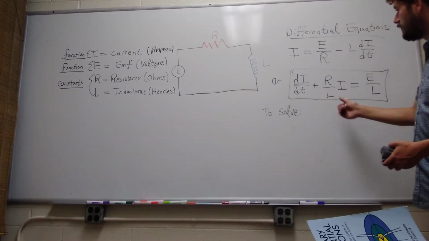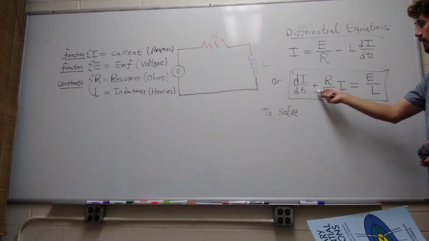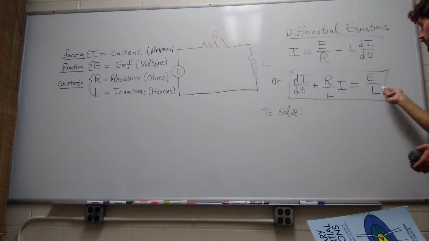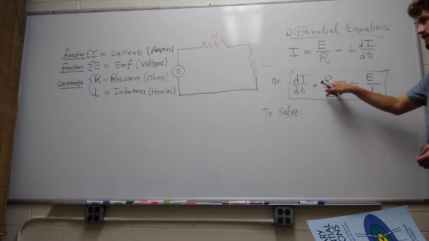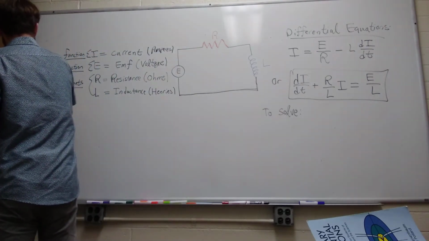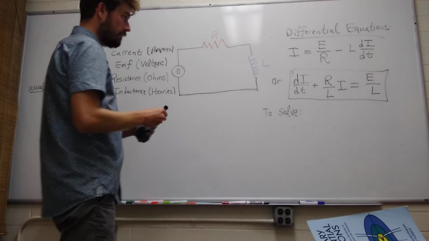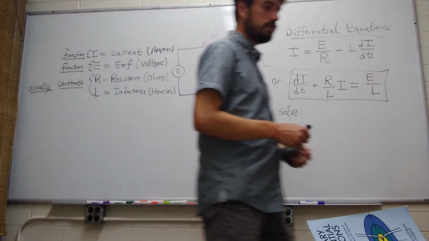So to solve this, if you notice, we have the derivative of a function with respect to time plus some constant times a function is equal to, this is a function, right? Even if these two things were functions of time, we have the tool to solve this equation.